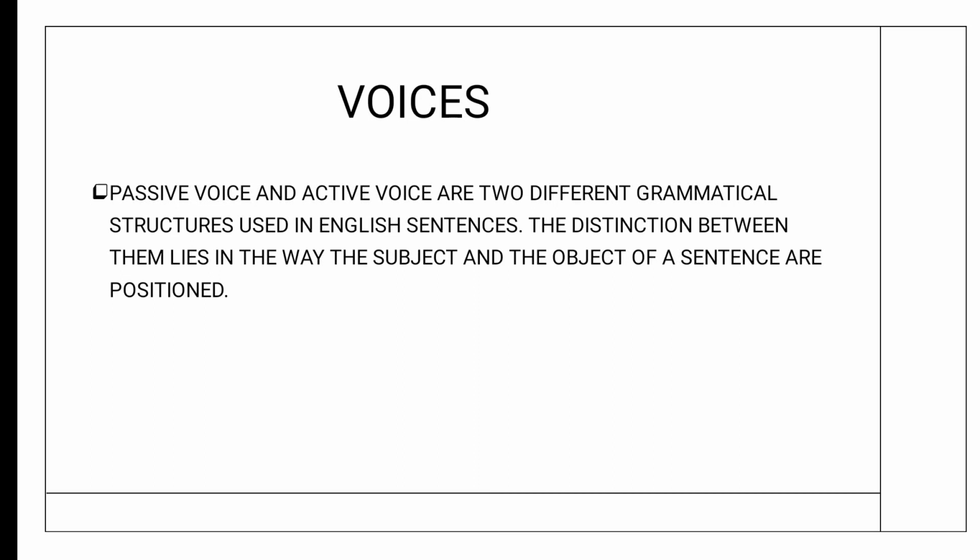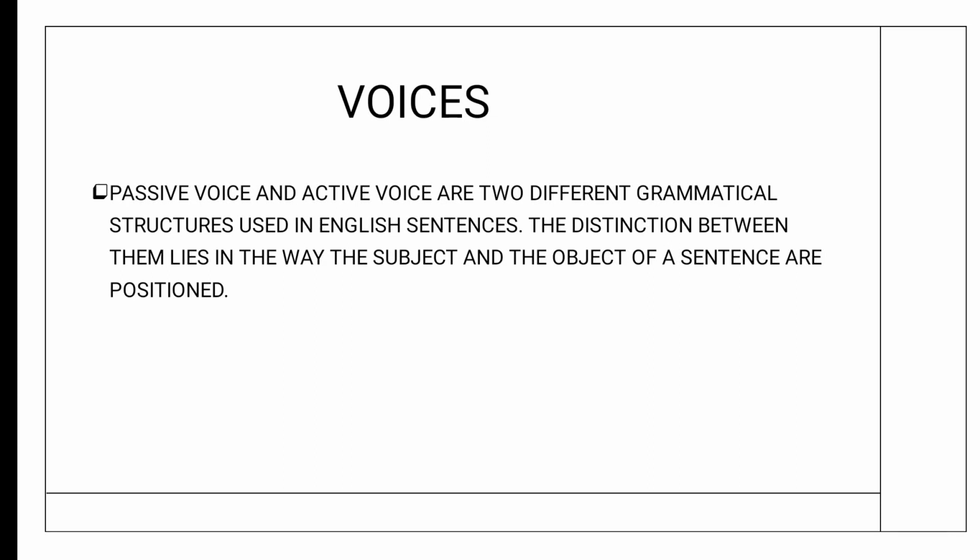Okay, there are two types of voices, passive voice and active voice. These two types of voices are two different grammatical structures which are used in English sentences. The difference between them lies in the way the subject and the object of a sentence are positioned. We already learned there is a formula to form a sentence.